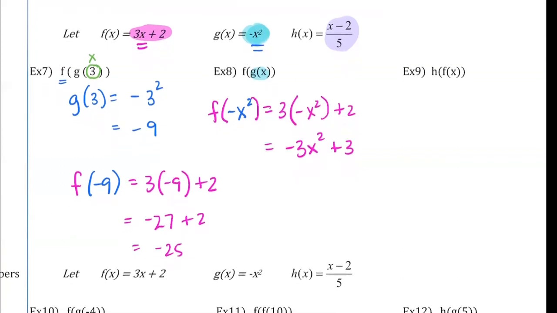F of x, this time we're going to take f of x. Here's f of x, and we are going to plug that in for x in h of x over here. So everything that I see for f of x, the 3x plus 2, is going to be plugged in for x in h of x right there.